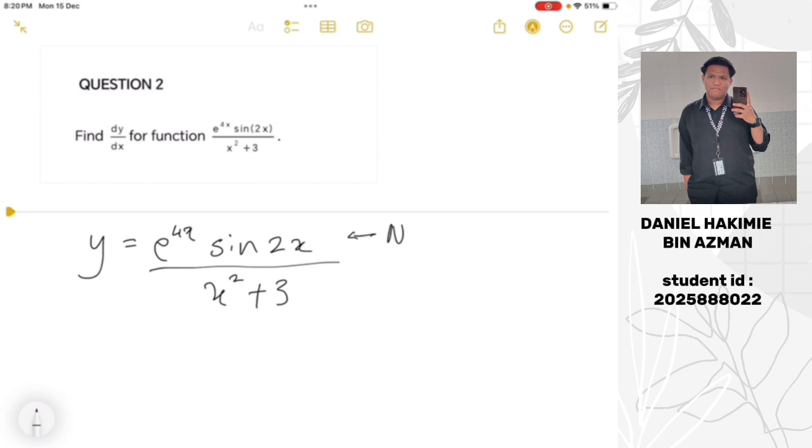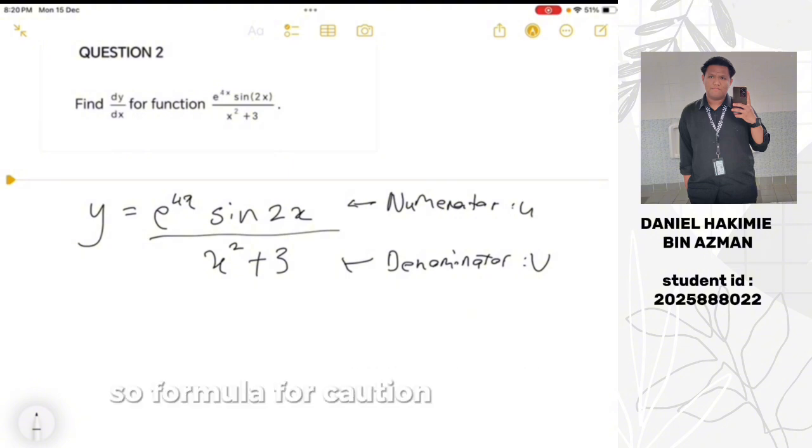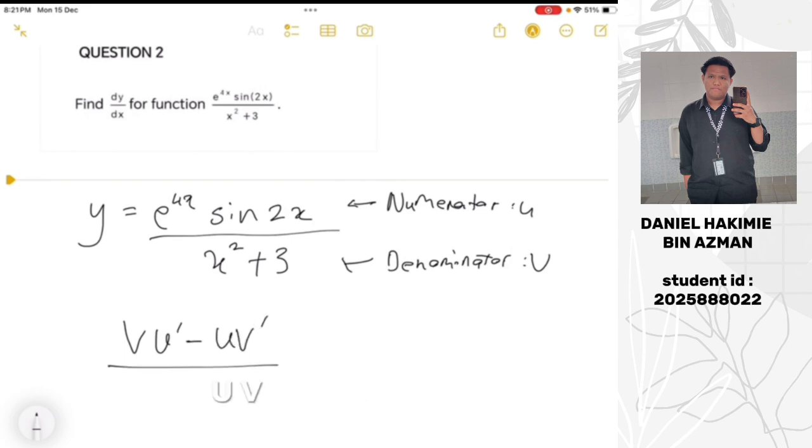The numerator is u and the denominator is v. After that, we differentiate using the quotient rule. The formula for the quotient rule is (v u' minus u v') over v squared.